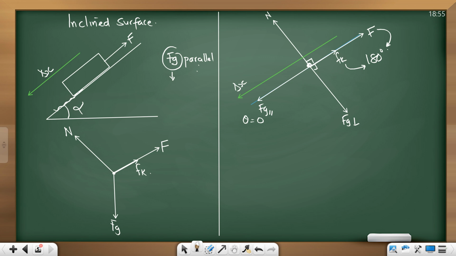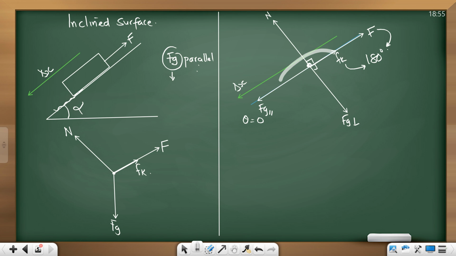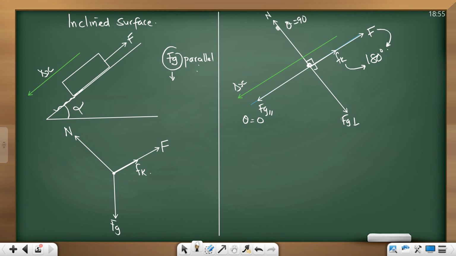Does that make sense? Because it's a straight line. If that is 180, that is 0. By the way, can you see that both of them are acting in the same direction? And these other two, what would it be? 90 degrees. 0 work. Make sense?